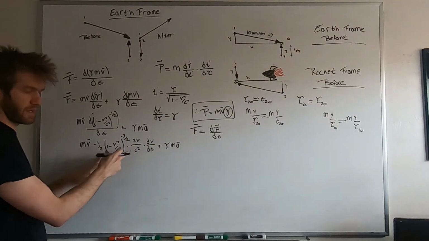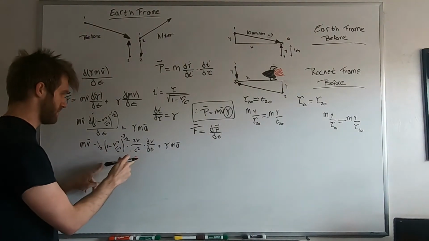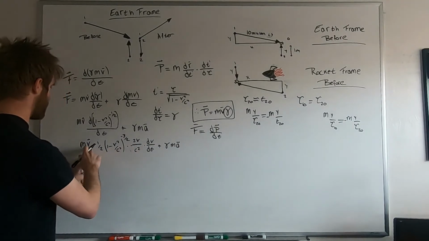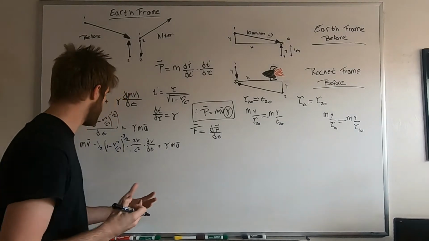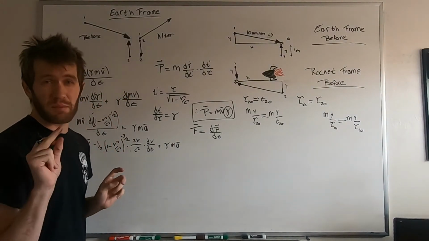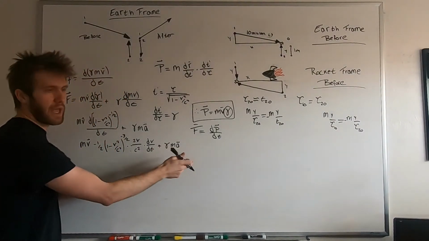So we're going to bring this over here. These negatives are going to cancel along with the 2's, and we can bring that velocity over here, and then it just becomes v squared over c squared. At the same time, we're going to be factoring out gamma ma too.